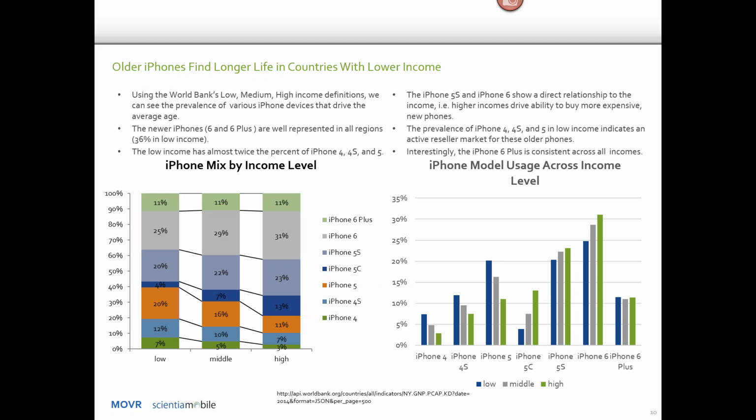But when you get to the lower income, you see a higher appearance of the iPhone 5, iPhone 4S, and 4. When you compare these numbers across the income spectrum, you see that there's a much higher appearance of some of the older phones. This indicates that there is probably this reseller market, and the newer phones are more prone to be used by higher income countries.